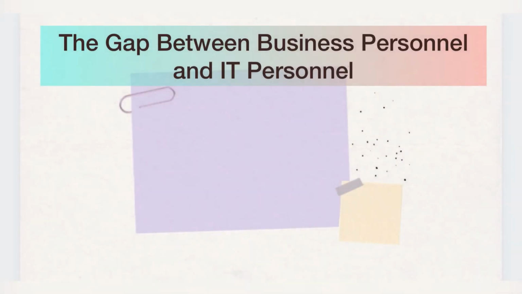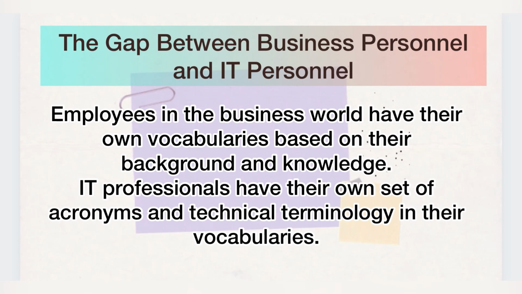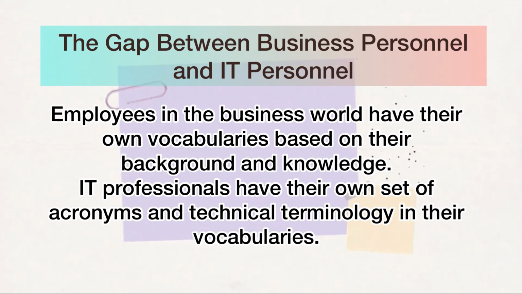And the second thing in the chapter is the gap between business personnel and IT personnel. Employees in the business world have their own vocabularies based on their background and knowledge. And also IT professionals have their own set of acronyms and technical terminology in their vocabularies.